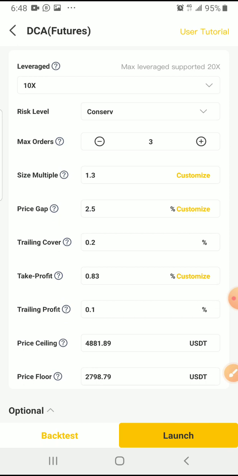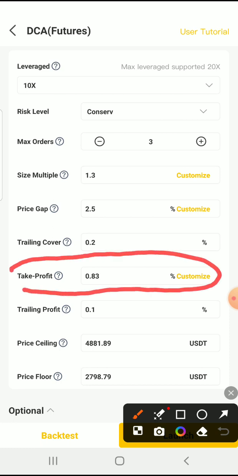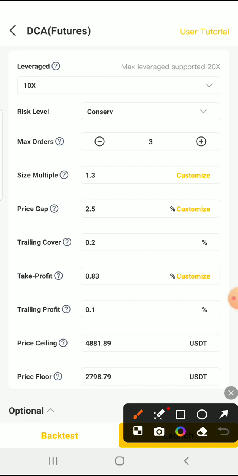That means that when the price goes above the point at which you bought the Ethereum by 0.83%, let me make sure you understand what I mean, then it will sell your Ethereum and keep the profit for you. So that's what this take profit percentage means.